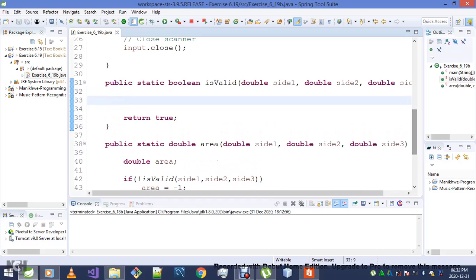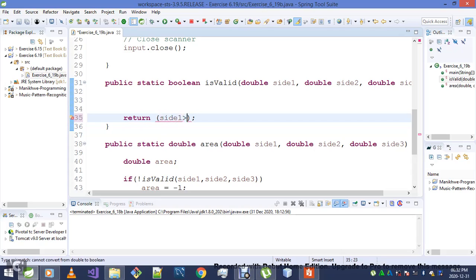Now it's time to deal with the isValid method. Here's what I'll do. Firstly, all the sides have to be positive.